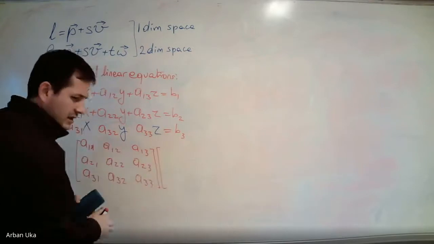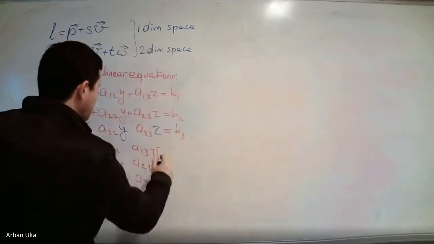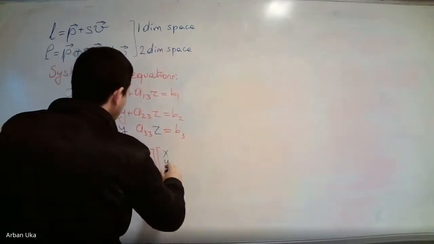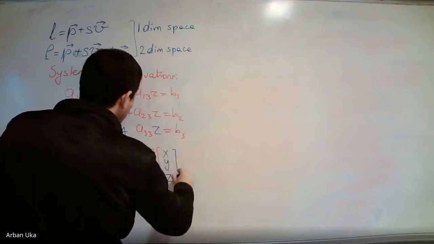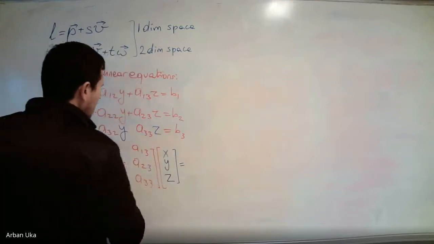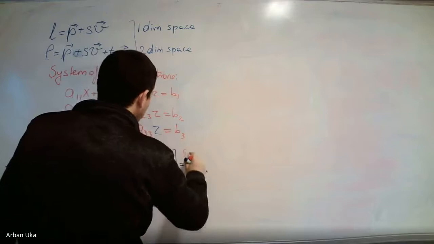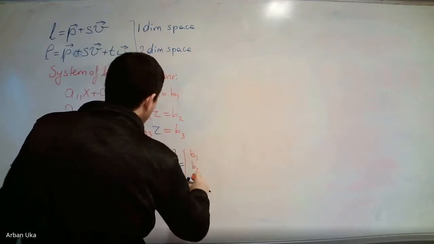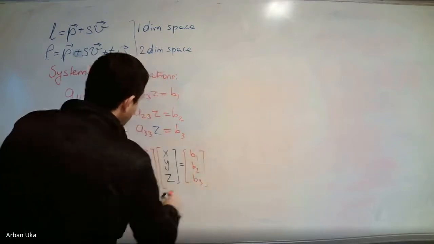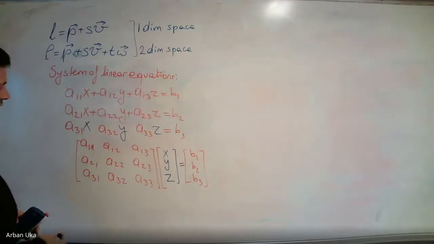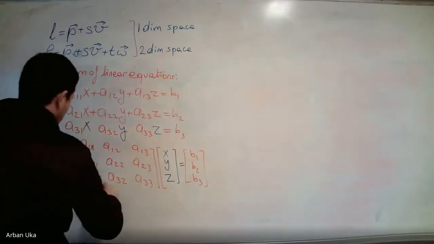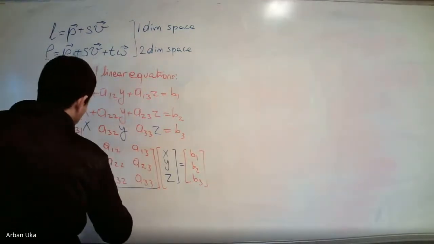Then we multiply these with these variables, which we can keep out, and we can write the following. This is equal to b1, b2, b3. With this, we call this one the coefficient matrix.